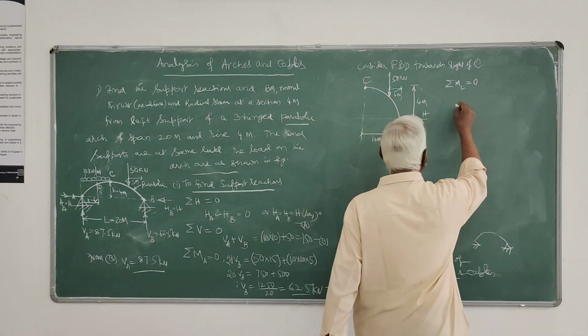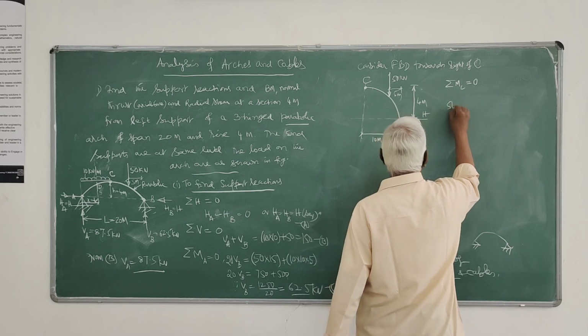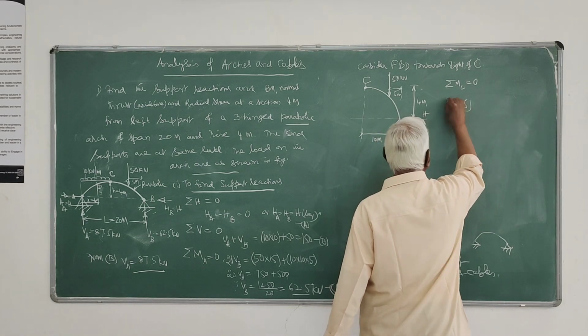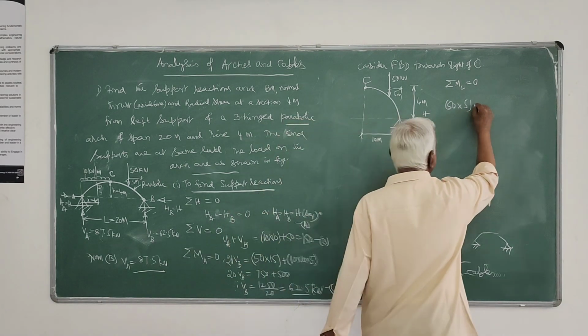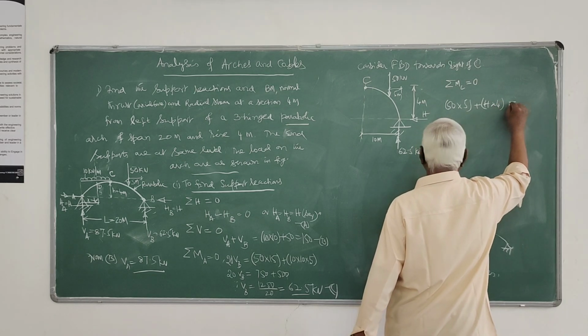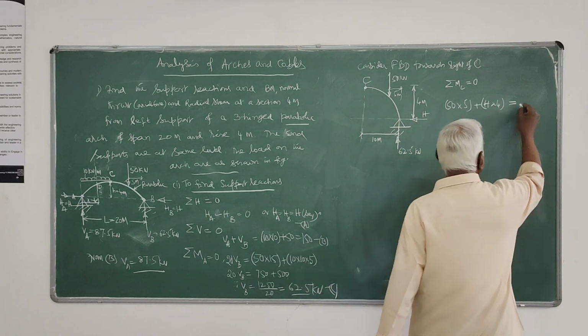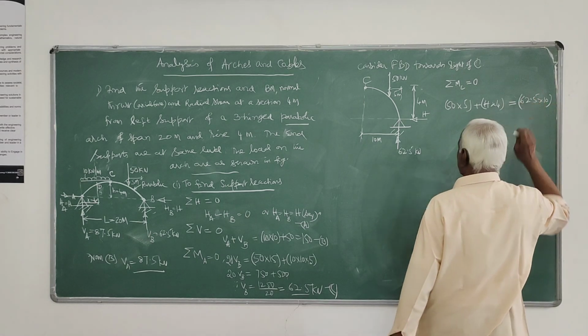So sigma MC equals 0 gives 50 into 5 clockwise, plus H into 4, also clockwise, equal to 62.5 into 10, anti-clockwise.